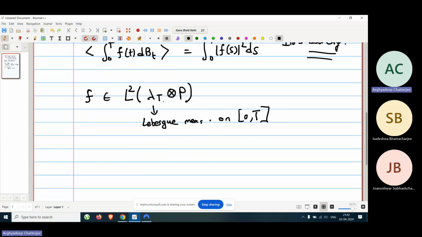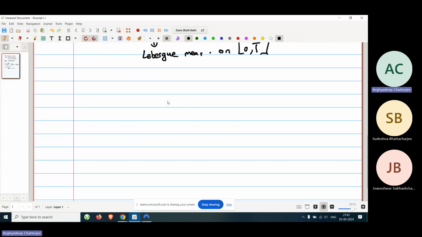But for now, let us just stick to capital T finite, so that we get an understanding first.